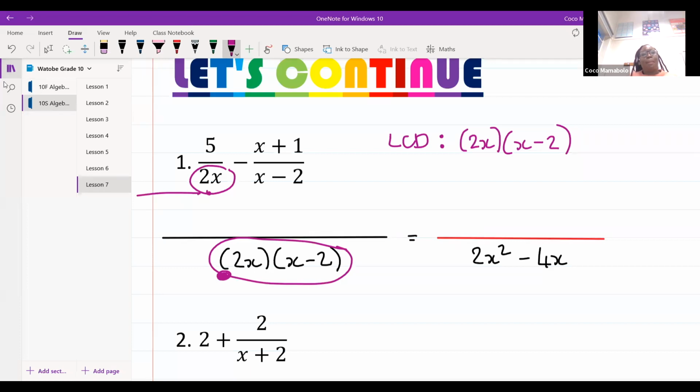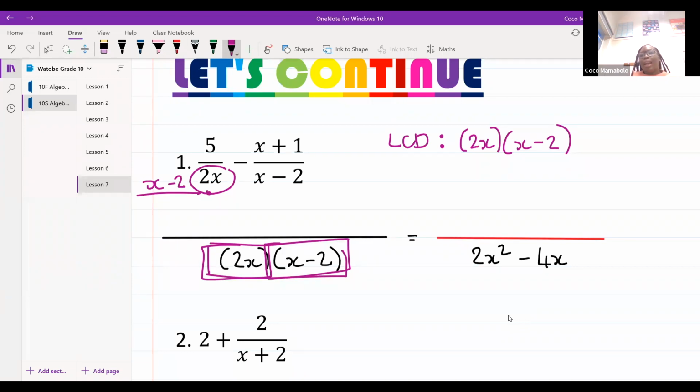What's missing, Mulisa? X minus 2. Thank you, x minus 2. Where did you see that x minus 2 is missing? It's because, if this is my denominator, I already know that I have the 2x part. What's missing in my denominator up top is the x minus 2.